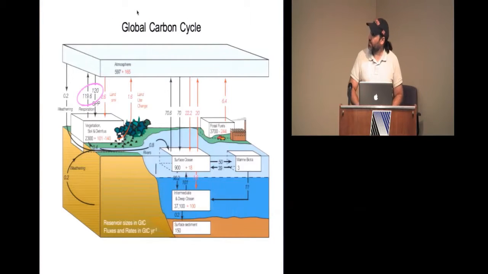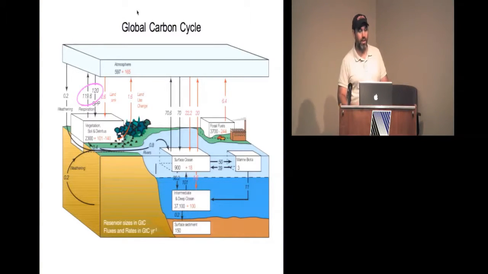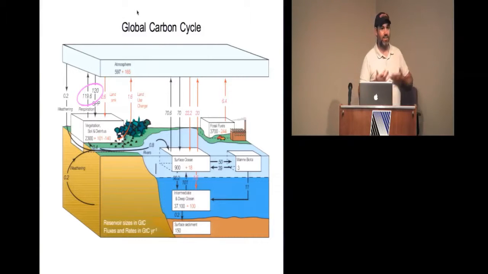And if you look at the global carbon cycle, you can see that the amount that's emitted anthropogenically is sizable, but it's actually over an order of magnitude less than what the terrestrial ecosystems process on an annual basis. So what we're trying to do, in understanding the change of the terrestrial carbon sink, is understand the small net difference between two very large fluxes.